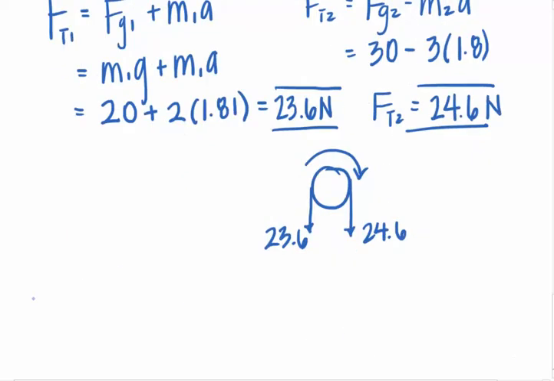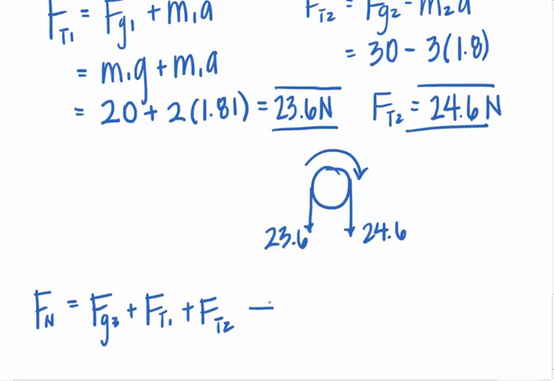Now let's go back. What would the normal force on that pulley be? It would have to be equal to the weight of the pulley and each one of the tension forces. Didn't we write our free body diagram and write the equation for the forces there?